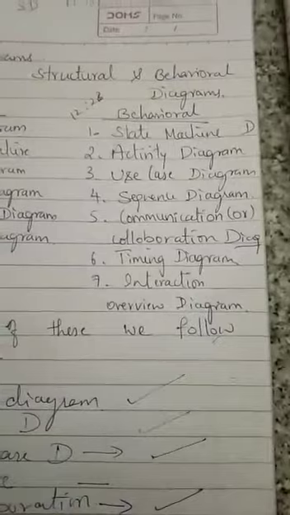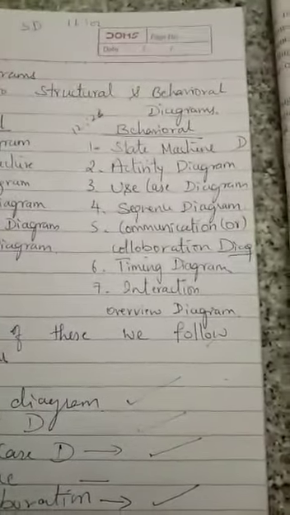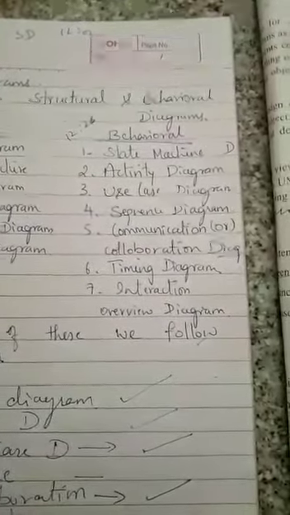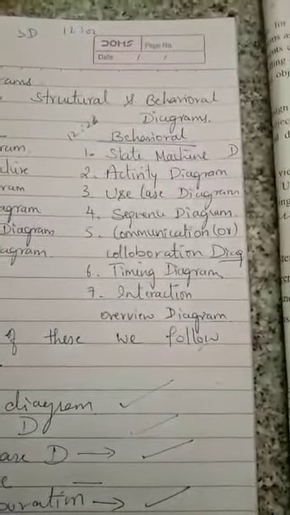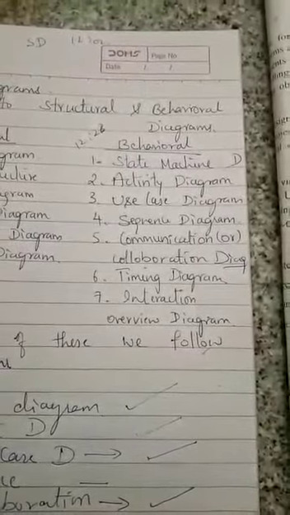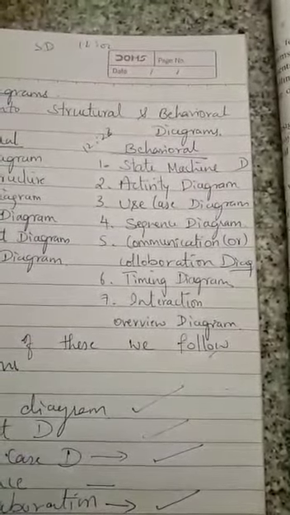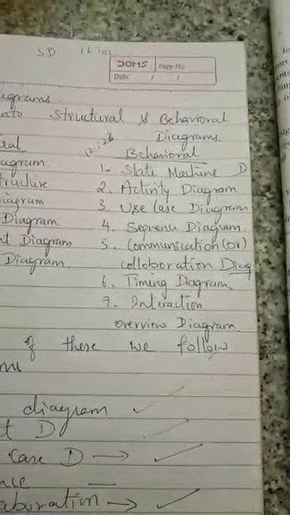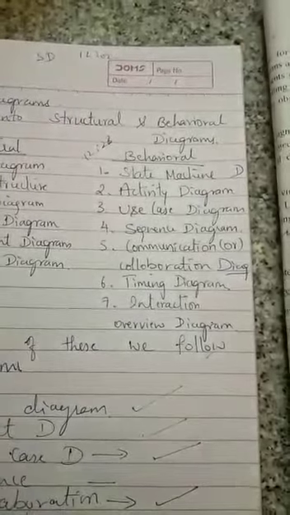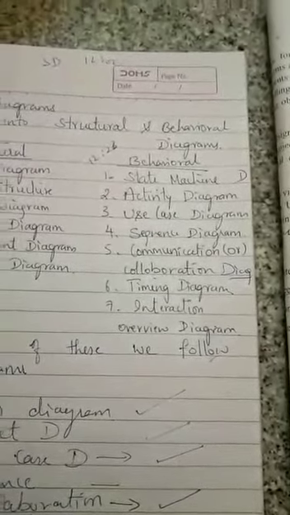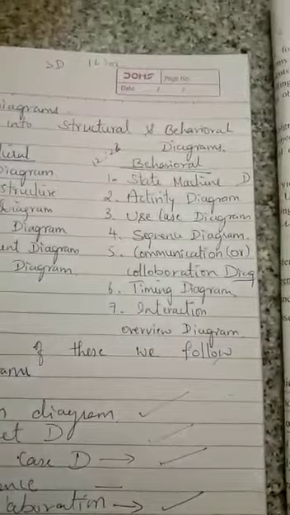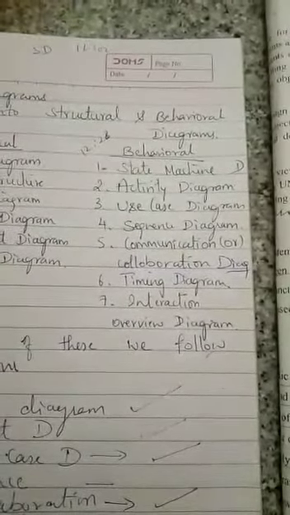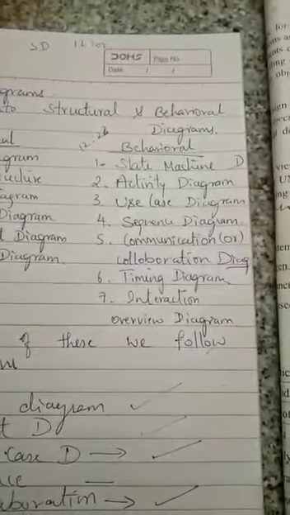So next comes the activity diagram. What is an activity diagram? These diagrams are used to document the workflows in a system, means a flow of control in a system. The activity diagram is a variation of the state diagram, where the states in the state diagram are represented as operations, and the transitions in the state diagram are represented as the activities that happen when the operation is complete.